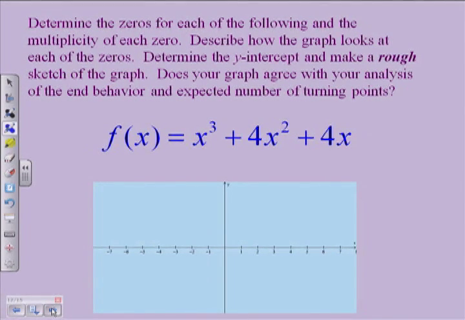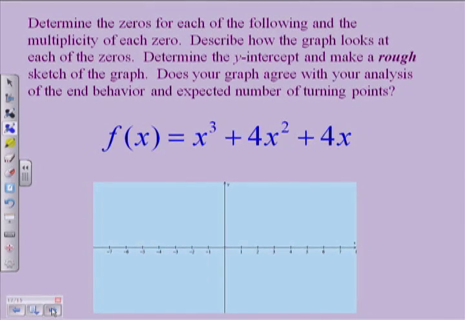Then make a rough sketch. Notice I even bolded that and put it in italics: rough sketch. I did not even put a y scale on here because I'm not really concerned with how far up and how far down it goes. I simply want to know the main idea of what's happening here. Okay, so let's start analyzing this one.